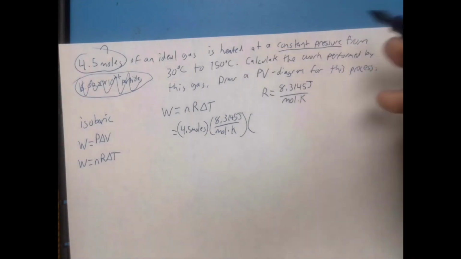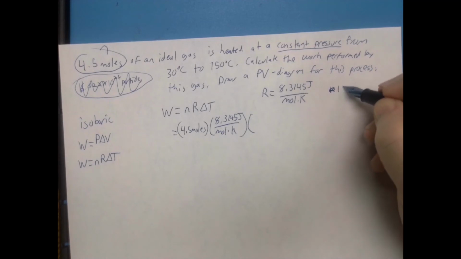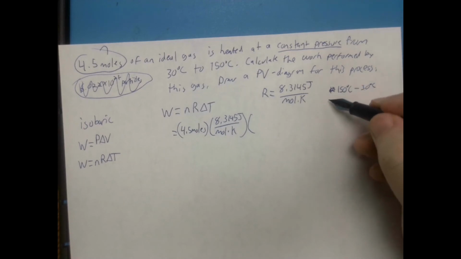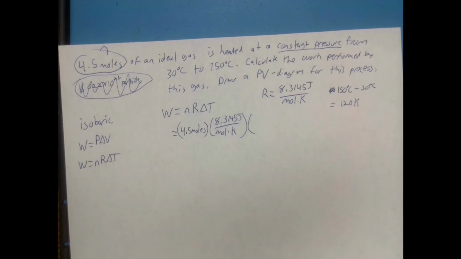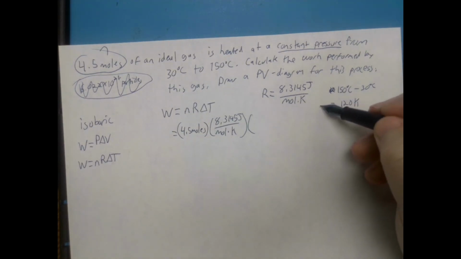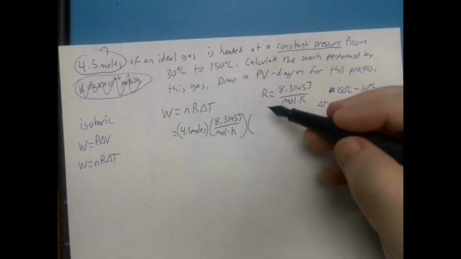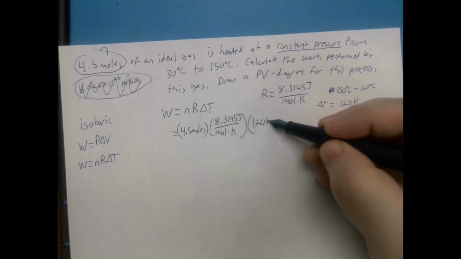At 150 degrees Celsius minus 30 degrees Celsius is equal to 120 Kelvin. So change in temperature, again, you can convert changes in temperature to Kelvin here in degrees Celsius. So we can plug 120 Kelvin in.